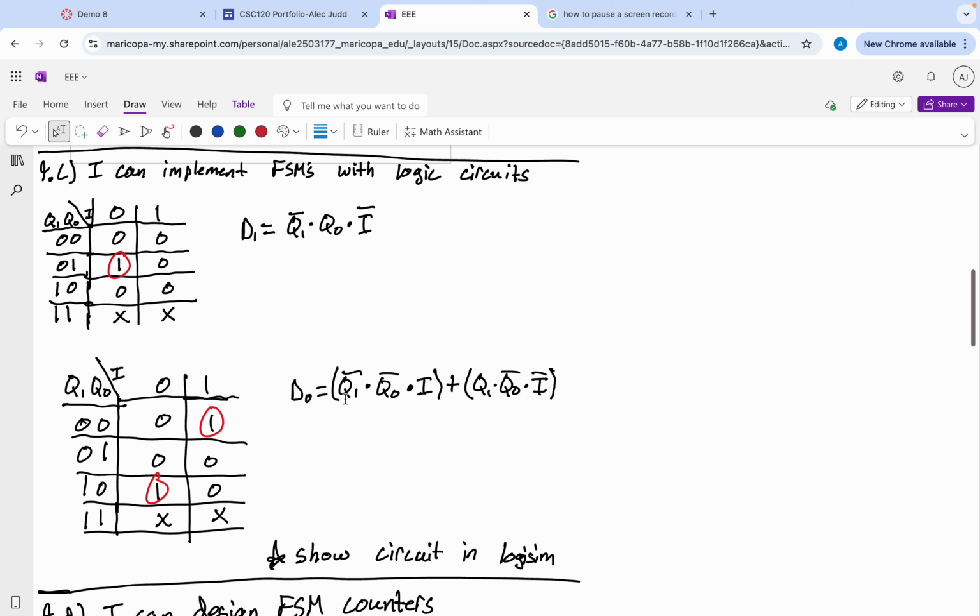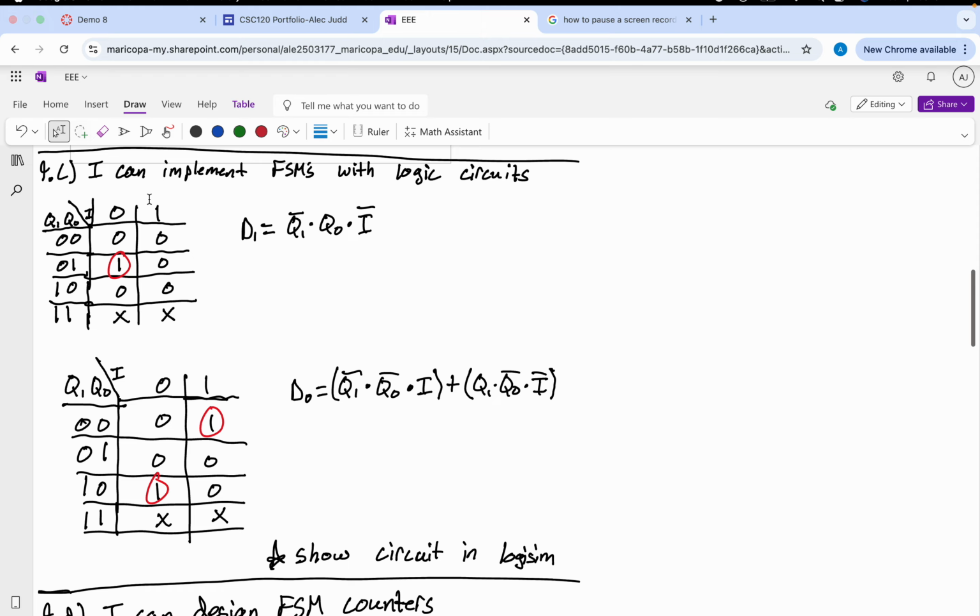So it's not Q1 and not Q0 and I, or Q1 and not Q0, because we have 1, so not Q0, and not I, because we have 0. So those are our two Boolean equations.